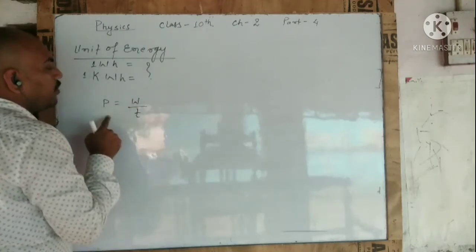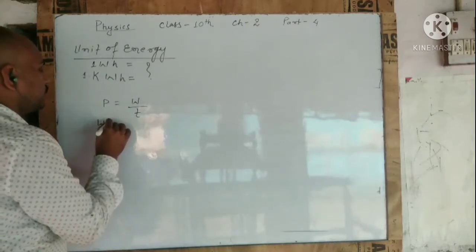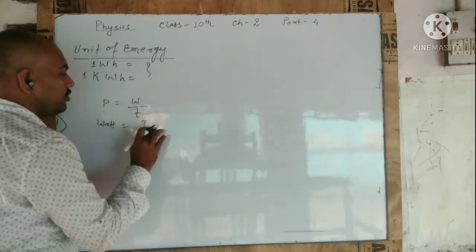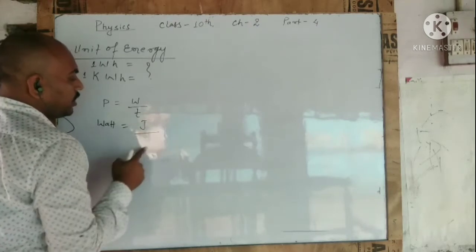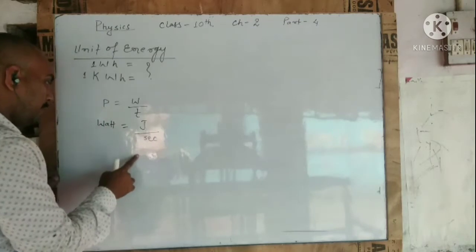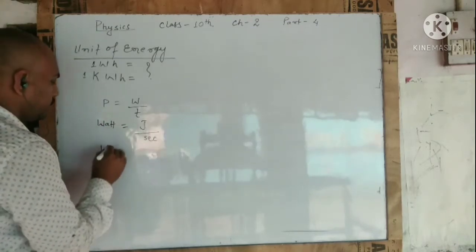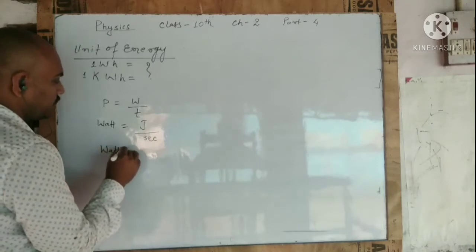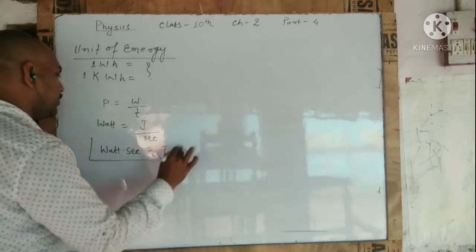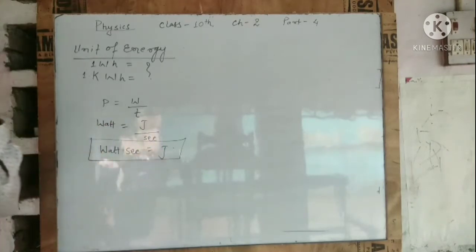Power is watt, work means joule, I'm just writing J, and time means second. If I multiply watt by second, it will give you joule.